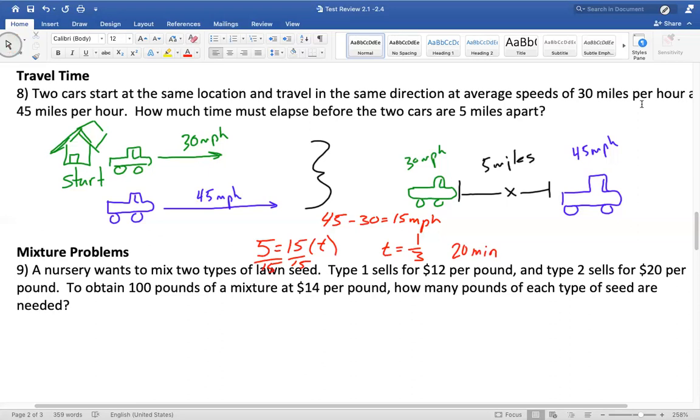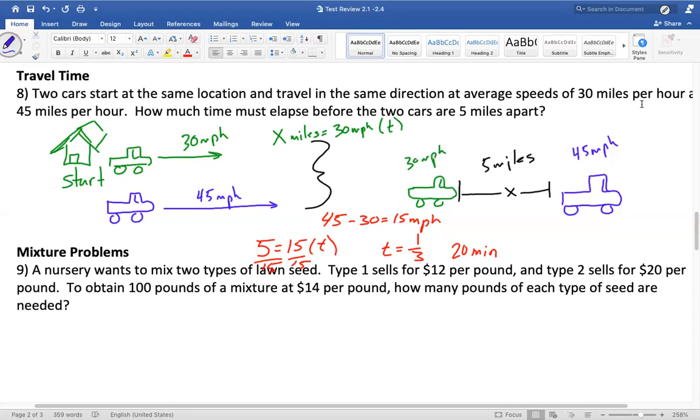Now again, just to reiterate, I'm not writing it on the board. Actually, I will. If I were to do D equals RT, one for each of them, I would have to view the green one. It went X miles. I don't know how far that is. It's going at 30 miles per hour, and the time is T. We don't know how long it's been going.